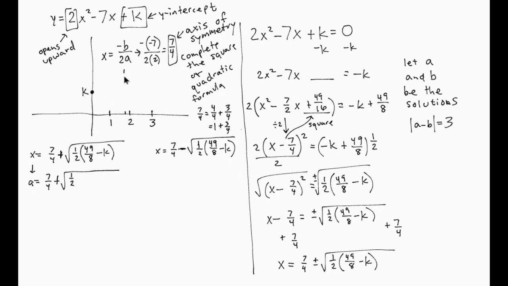The axis of symmetry is at x equals 1.75, so that means we need to take 1.75 and add and subtract 1.5 from it to get a and b.